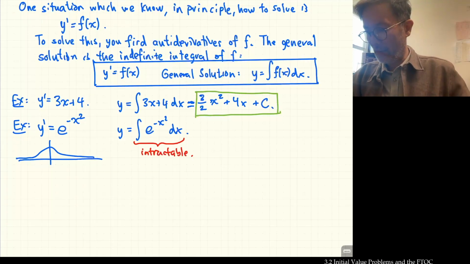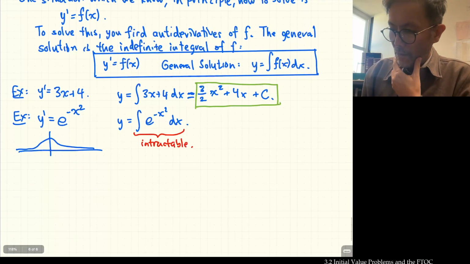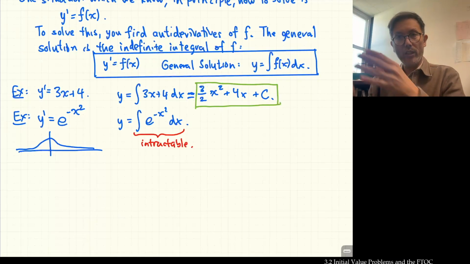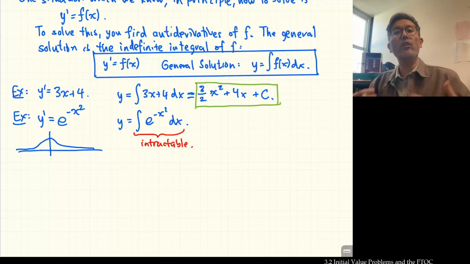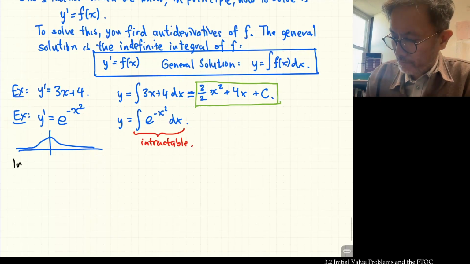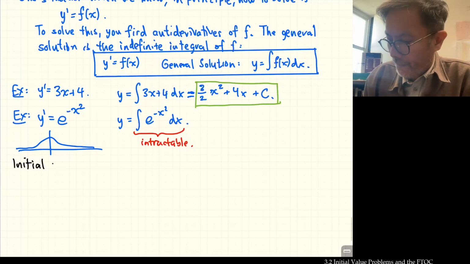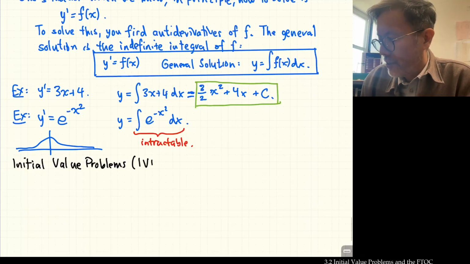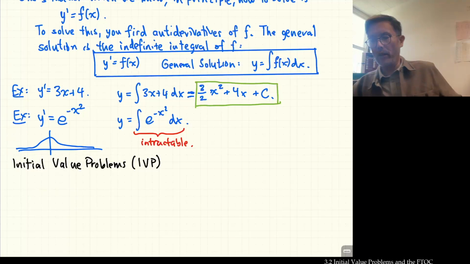So let me give you an example of what I mean. These problems, when you have a differential equation together with an initial condition, are called initial value problems. This will come up enough that we will abbreviate this IVP, okay, initial value problem.